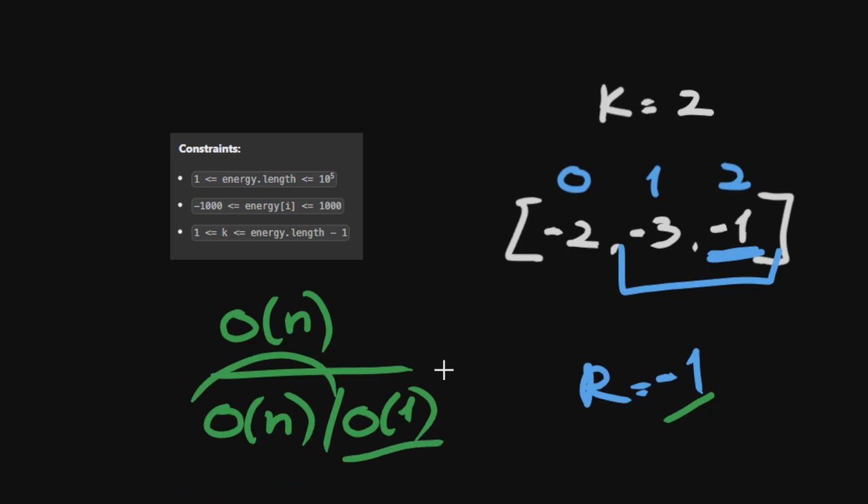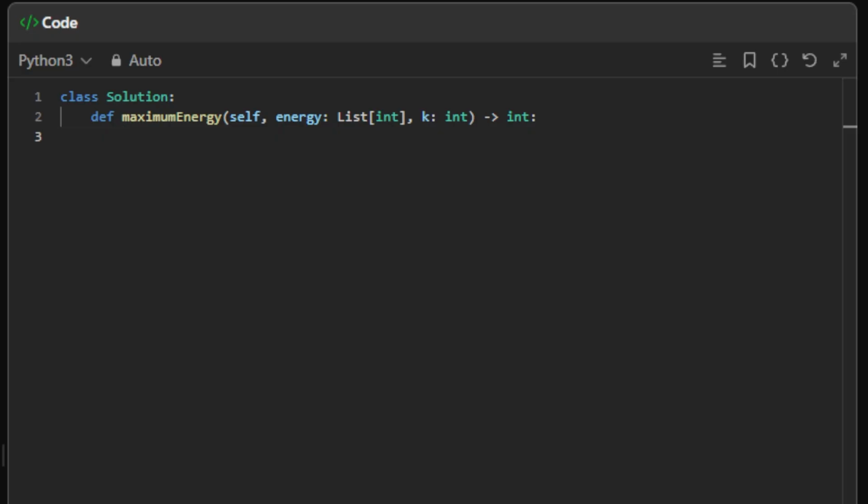I will leave this to you. So with this in mind, let's go with the code. This code is very short. First we say for i in range, we start from k, and we go up to length of energy minus 1.